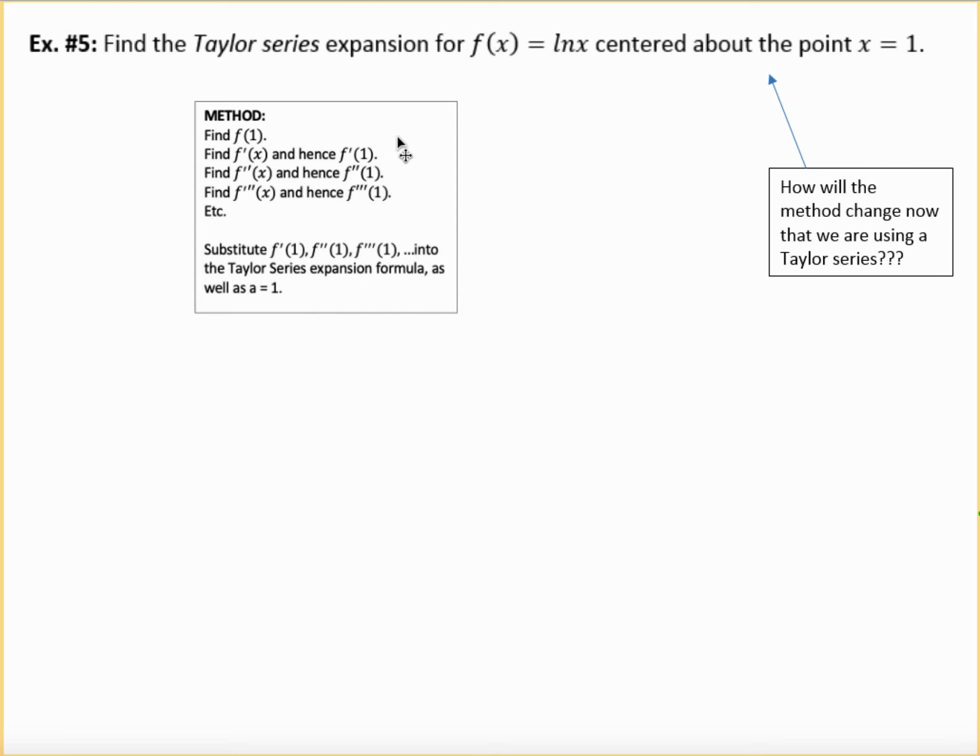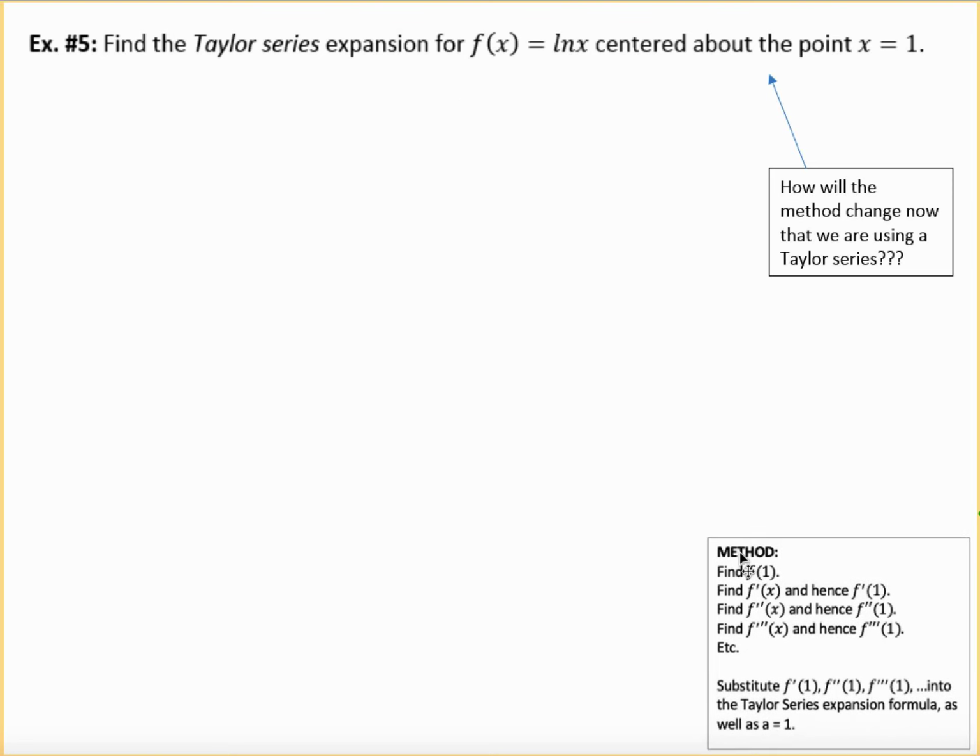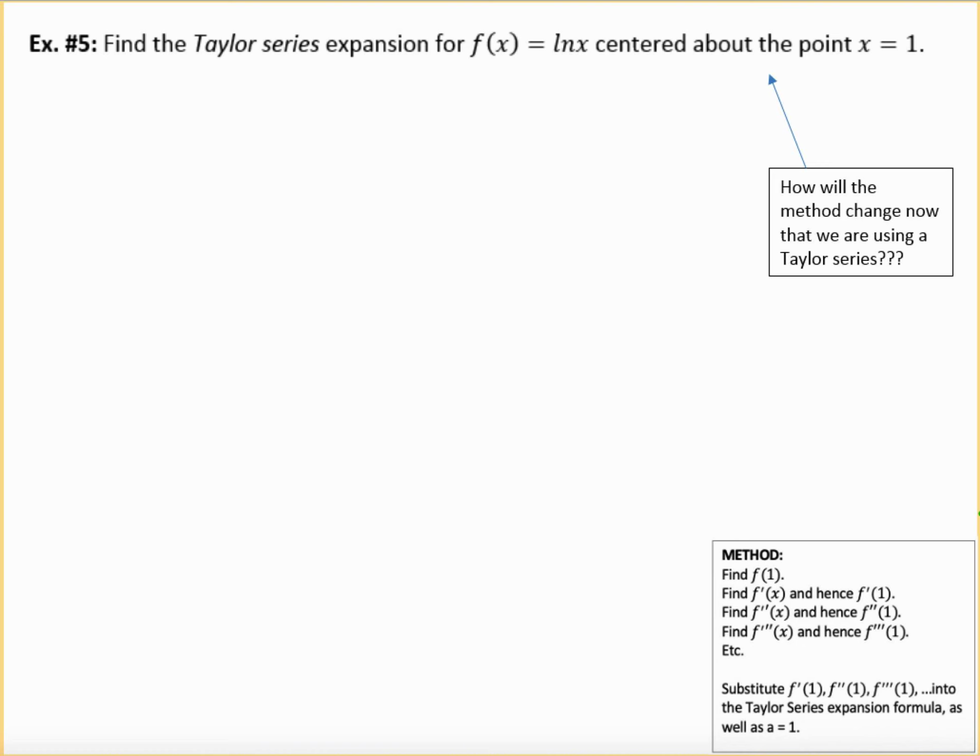We'll find f prime of 1, f double prime of 1, and f triple prime at 1. We're just going to use 1 instead of 0. That's the only big change here. And of course, we're going to use the Taylor series formula instead of the Maclaurin series formula. So let's go for it.